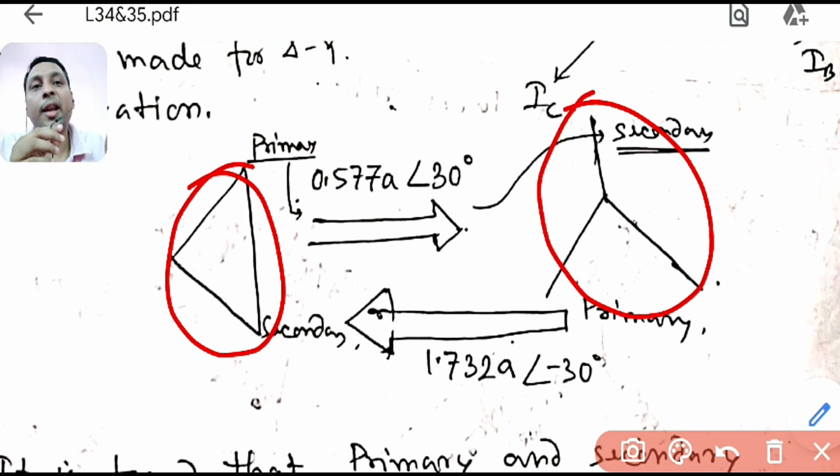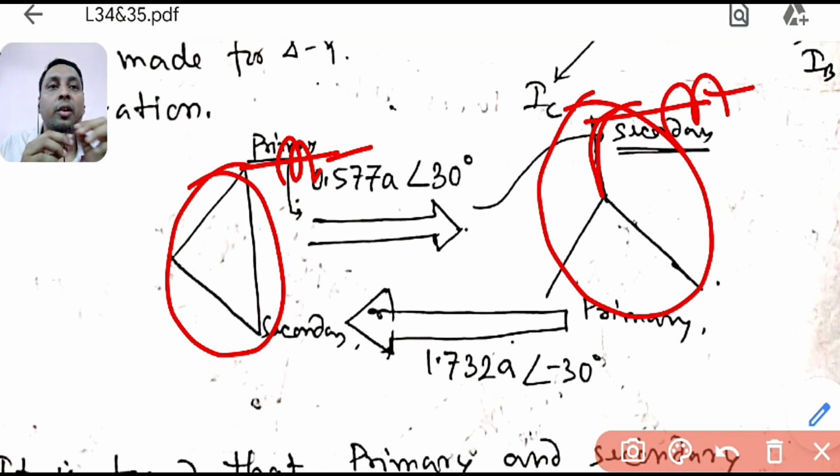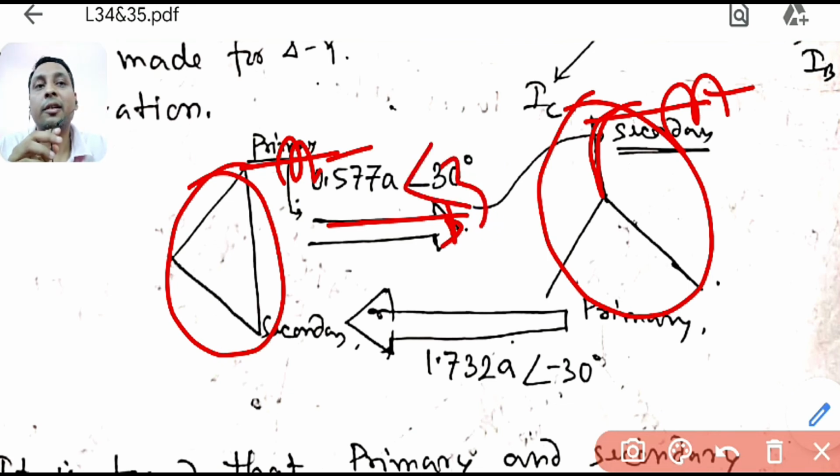You can think you are going from line to phase, because here your C2 will be measuring line, and here your C2 will be measuring the phase. So line to phase means there will be a 30 degree shift. Normally if we go line to phase in voltage, that lags 30 degree. So in current it will lead 30 degree, standard connection.